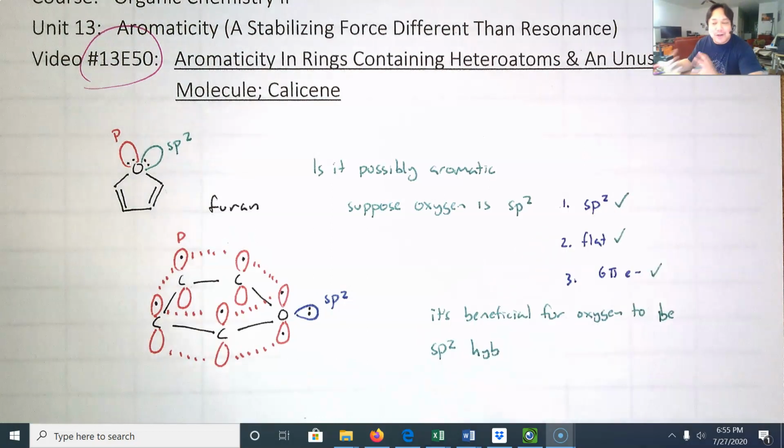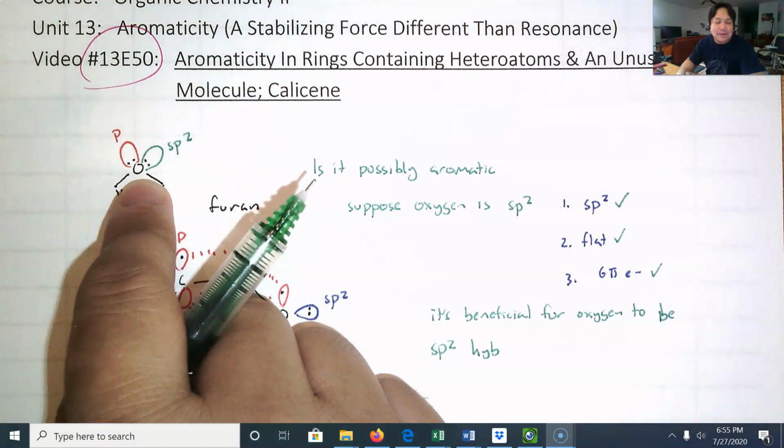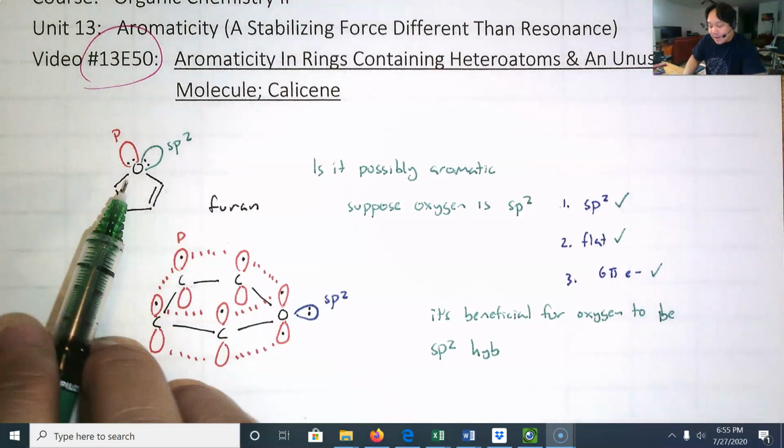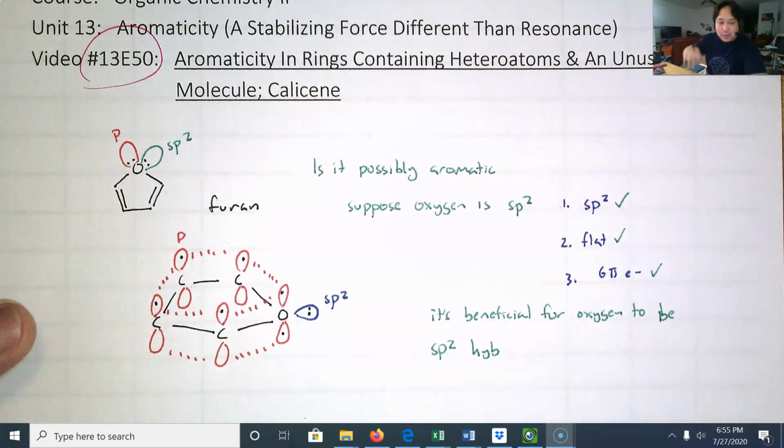Is the molecule consciously choosing for this oxygen to be sp2 hybridized? No. What the molecule is sensing, though, is that it is more stable when the oxygen is sp2 hybridized, and the whole molecule lowers in energy. Okay.